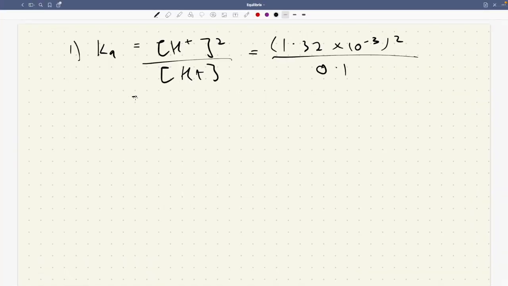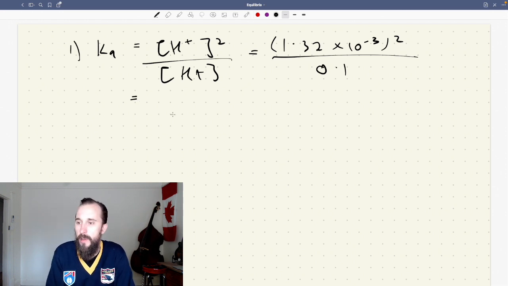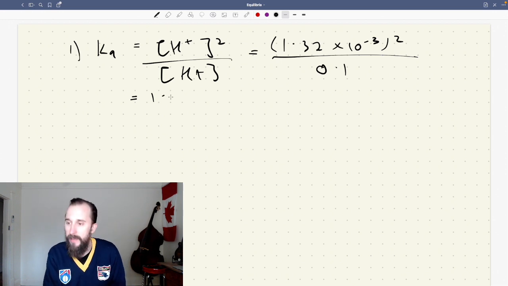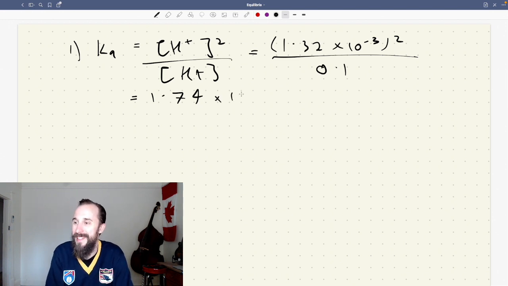This will give us the Ka value. Yet another one with the calculator. Minus 3, let's square that, and let's divide that by 0.1. My calculator's not giving me scientific notation, so I've got to count my zeros. 1, 2, 3, 4, 5, times 10 to the minus 5.